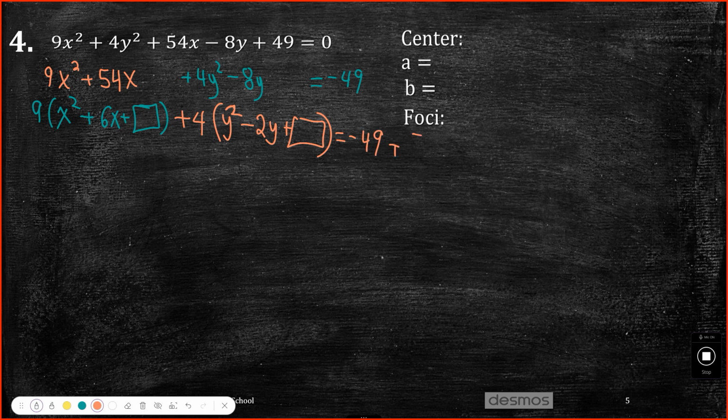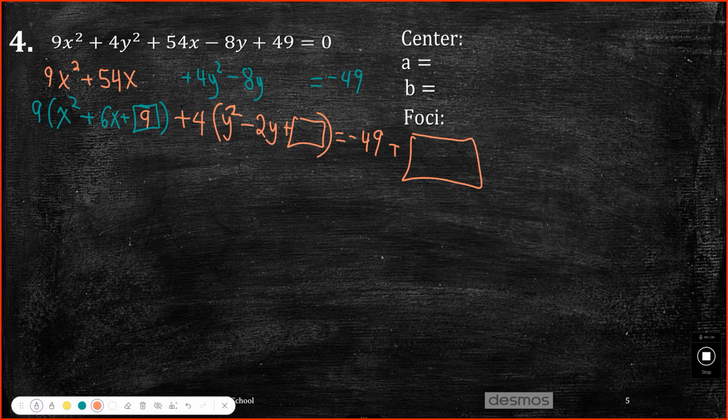And we're going to add something there. What goes in the first box? 6 divided by 2, what's 6 divided by 2? 3 squared.